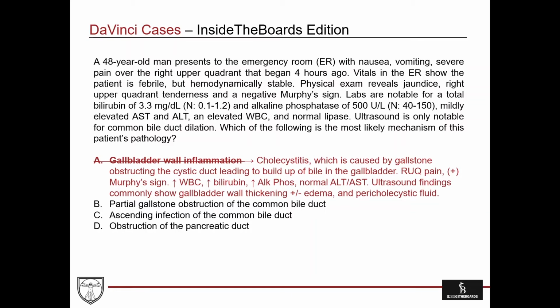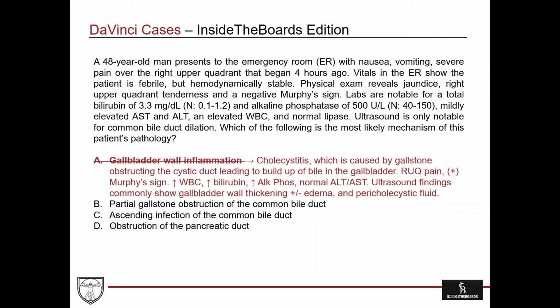Cholecystitis is inflammation caused by obstruction of the cystic duct, leading to a backup of bile into the bladder. There's also an autoimmune form of this. The classic findings are right upper quadrant pain with the positive Murphy sign. So you have that cessation of inspiration upon palpation.